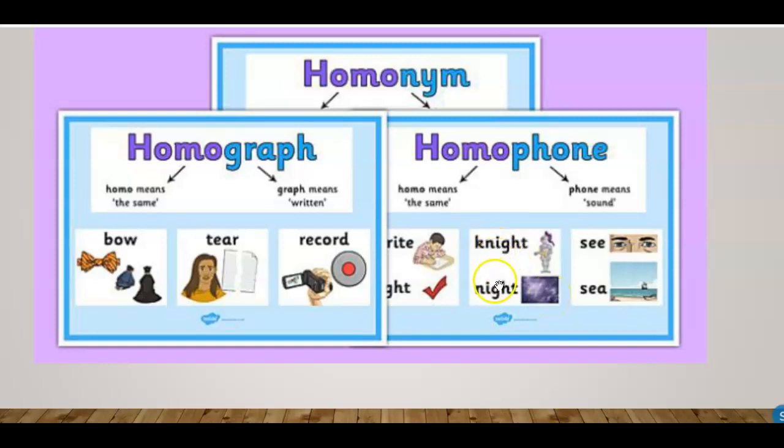It sounds the same, night and night, but we spell it differently and it has different meanings. Or like the word see. If you spell it with S-E-E, it refers to your sight. And if you change the spelling to S-E-A, it refers to the ocean. They sound the same because phone is sound, but they are spelled different and have different meanings.